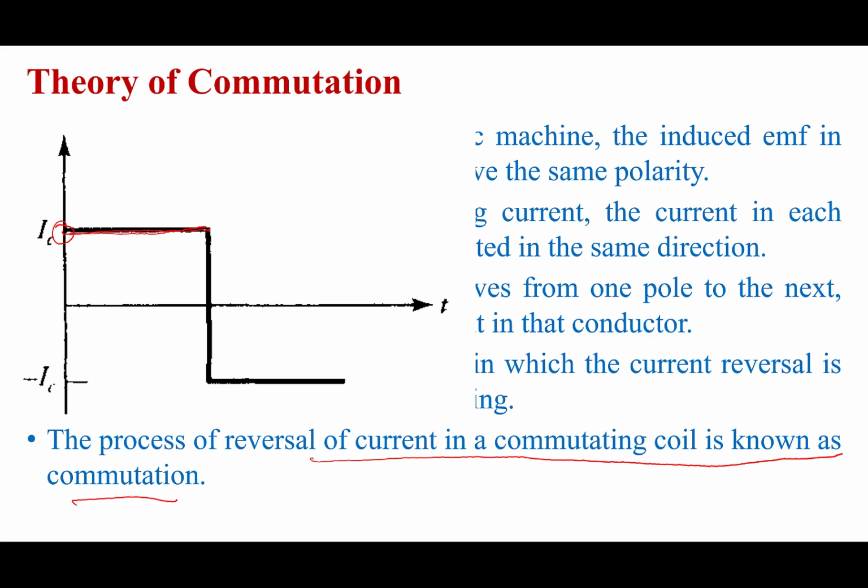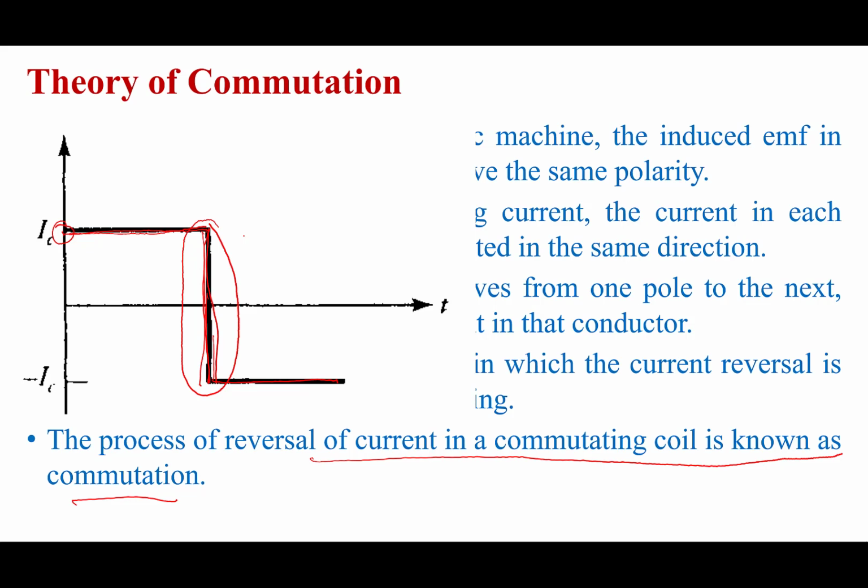Now when the conductor moves to the next pole, from north to south pole, it will shift its direction to the negative direction, right? But now the question is, will this happen instantaneously, or does it take some time to happen? Will the change happen instantaneously?